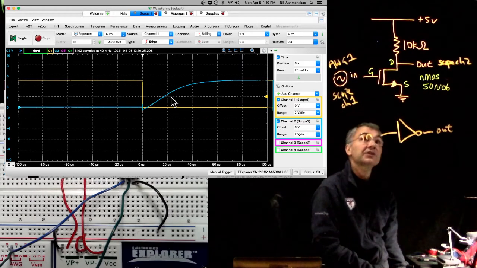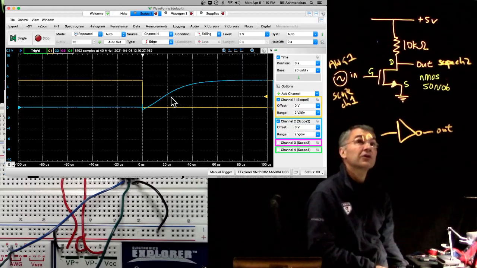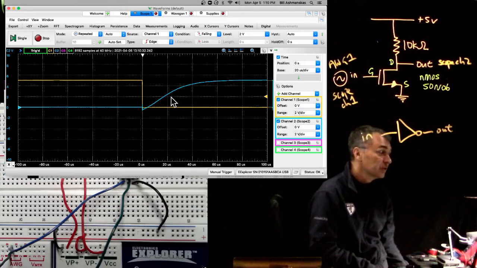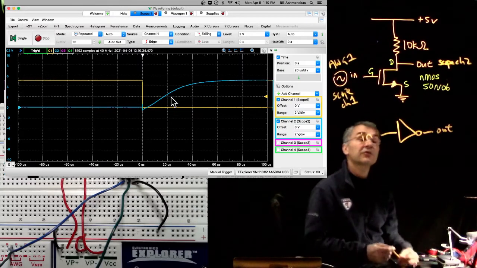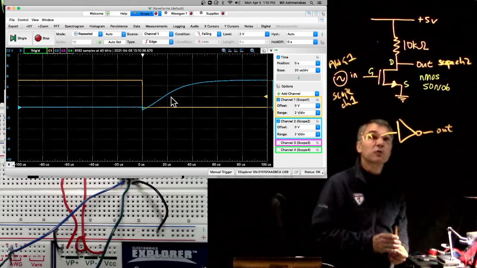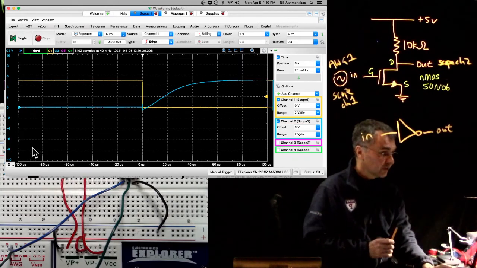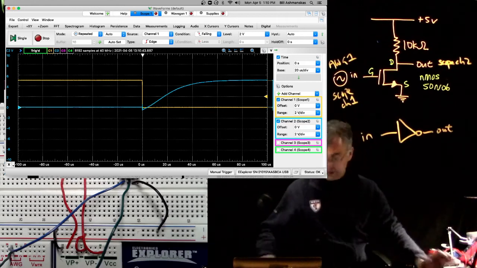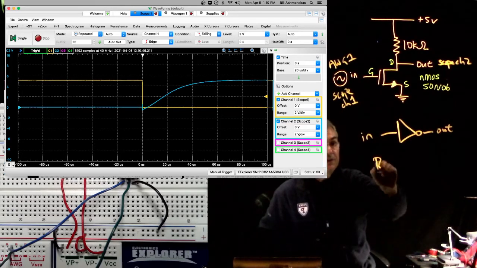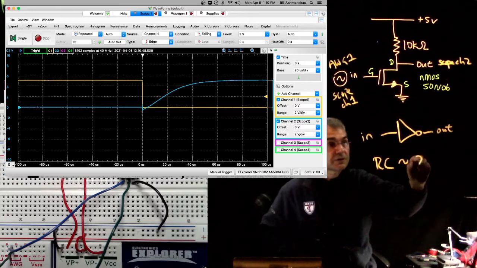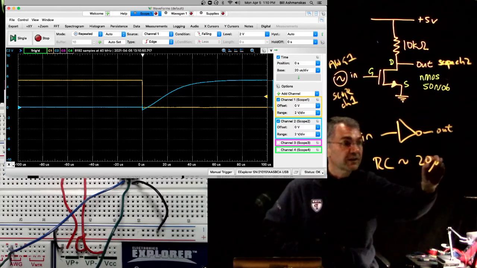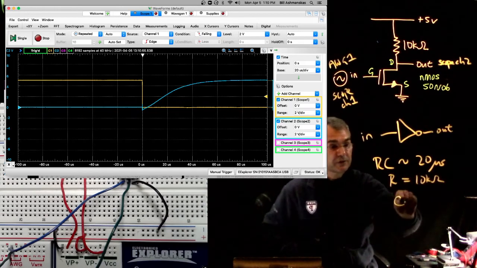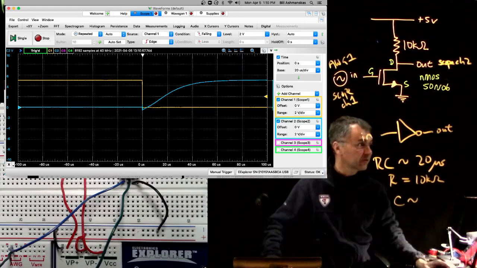And you could ask, does that make sense? So what capacitance? Now, we actually don't know what the capacitance is, although we saw the gate capacitance earlier was kind of on the order of a nanofarad. So if we say that RC is on the order of 20 microseconds, and we know that R equals 10 kilo ohms, that would give us C, an order of magnitude number.